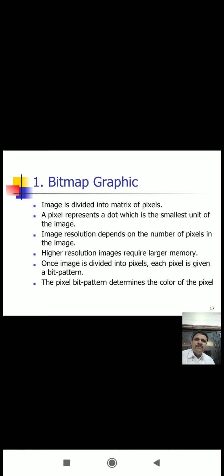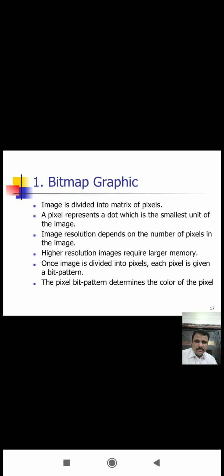Once the image is divided into pixels, each pixel is given a bit pattern. As we have already mentioned, an image is nothing but a combination of pixels. It is a matrix of pixels, and every pixel determines a color. Every pixel has to be represented with a bit pattern or with a code. Now that code determines the color.